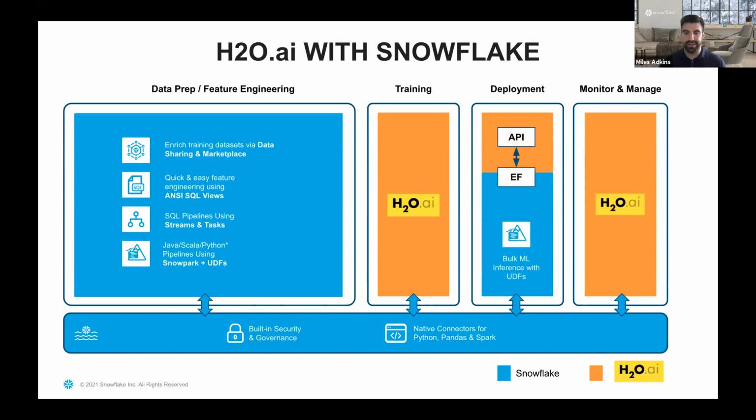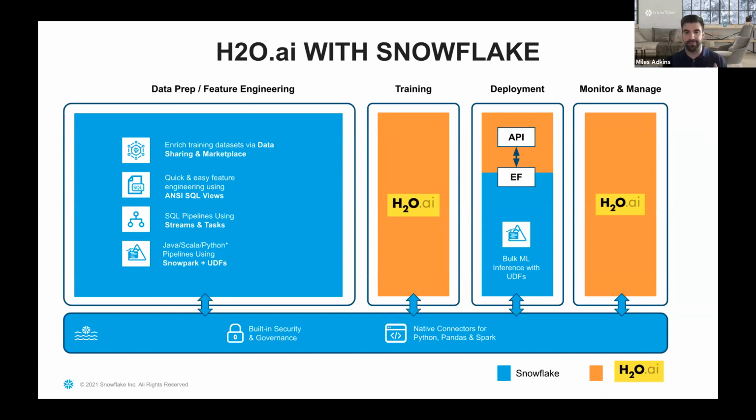For deployment, now with Java UDFs, you can take an H2O model that you created and bring that into Snowflake. Instead of having to move hundreds of thousands or millions of rows of data across some internet pipe to score your model that's living in some other environment, you can just bring the model to the data and score.